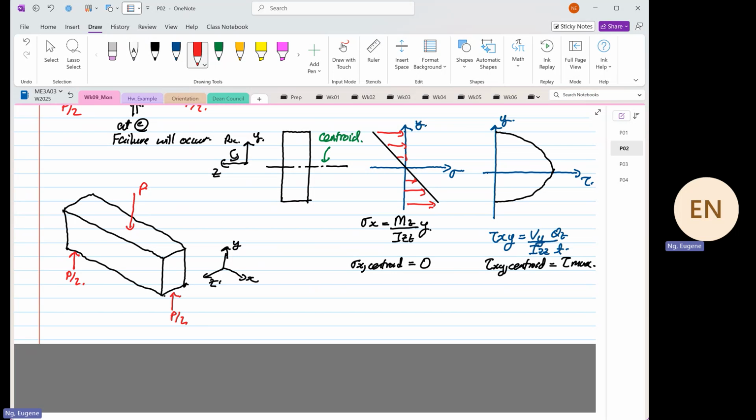How is this surface going to fracture? Where is it going to break? Is it going to break on the YZ plane? Is it going to fracture on the XZ plane? Or is it going to fracture on the XY plane? Where will fracture occur?